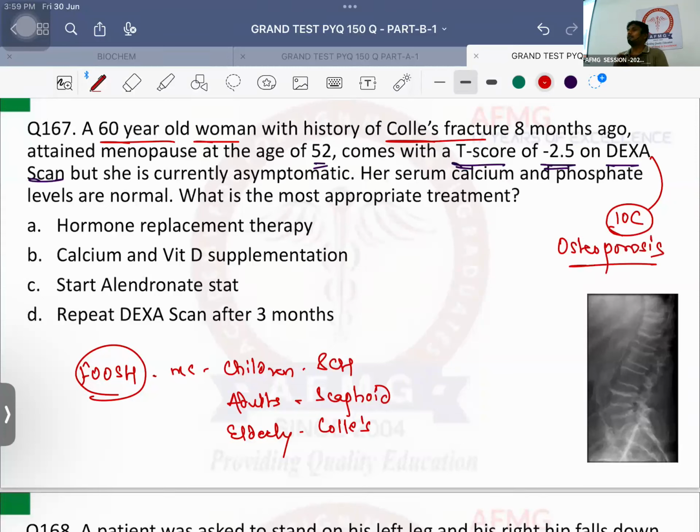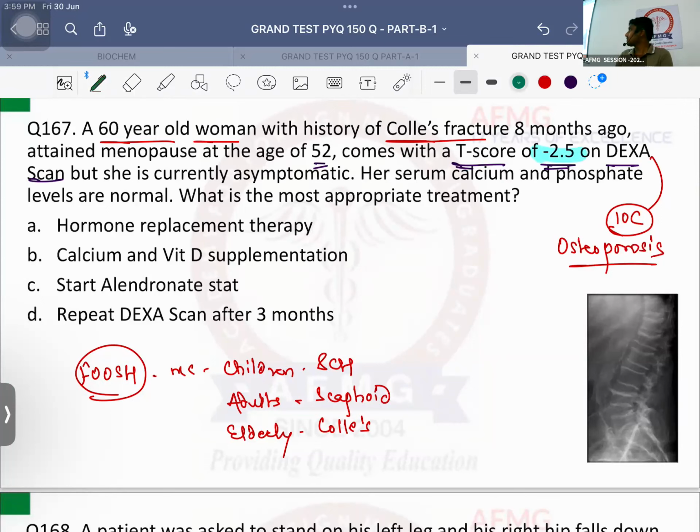If the value is more than -1, that is suggestive of normal bones. Okay, if the value is between -1 to -2.5, that is suggestive of osteopenia. Important. Okay, and when the value is less than -2.5, that is suggestive of osteoporosis. Please remember that. Okay. So osteoporosis हो चुका है patient में because she is having a score of -2.5.